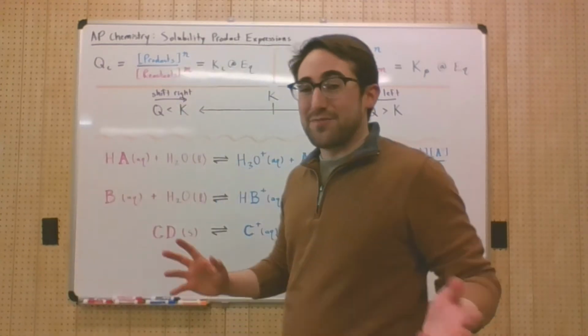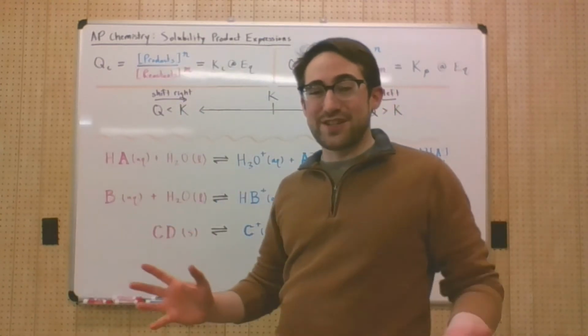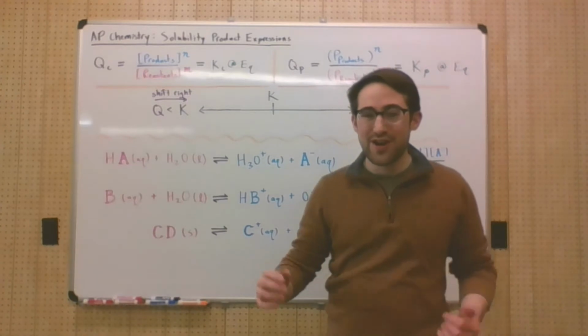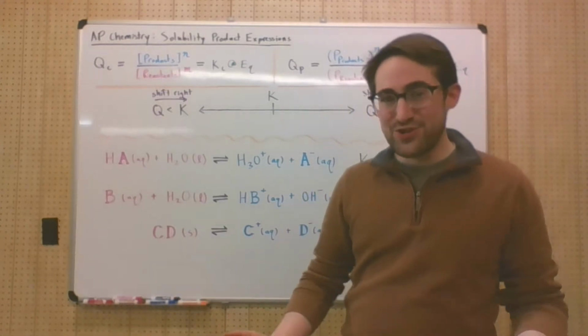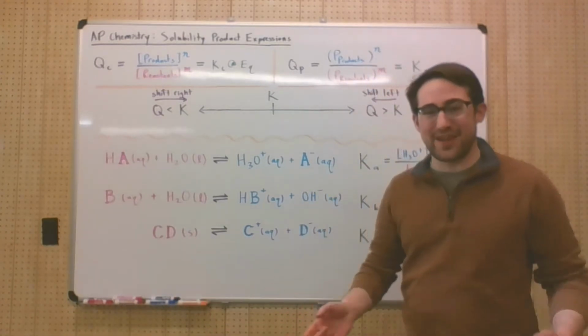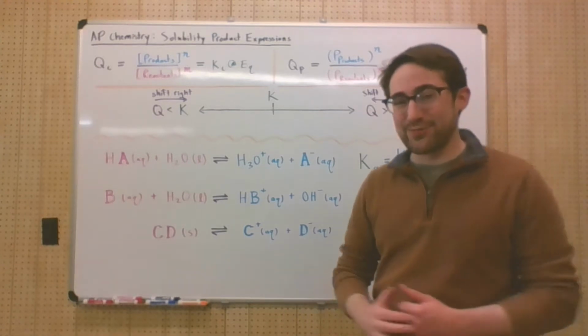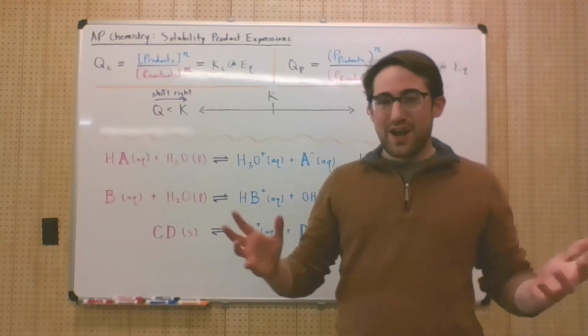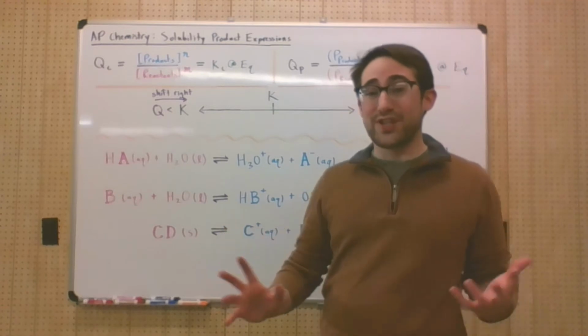But a lot of times when we're dealing with aqueous chemistry, stuff being dissolved in water or otherwise in solution, we get all kinds of stuff that can be reversible, with gases as well. So our K is kind of a multi-tool.